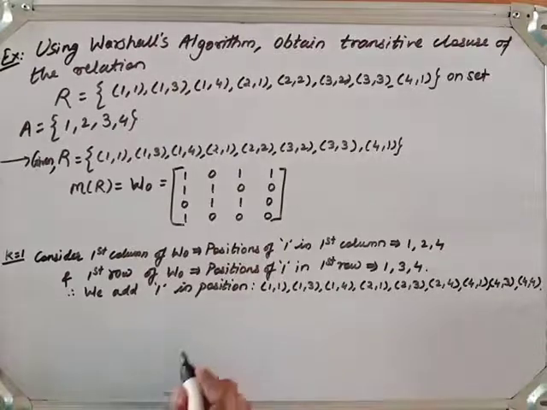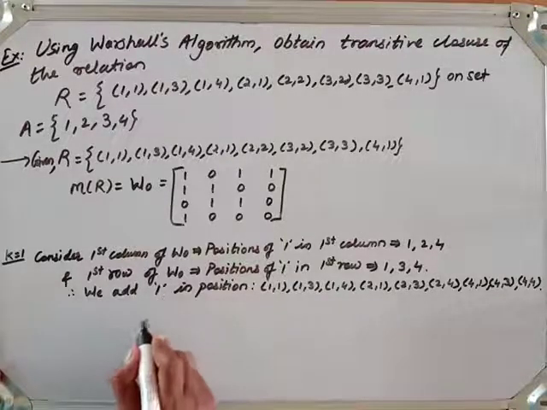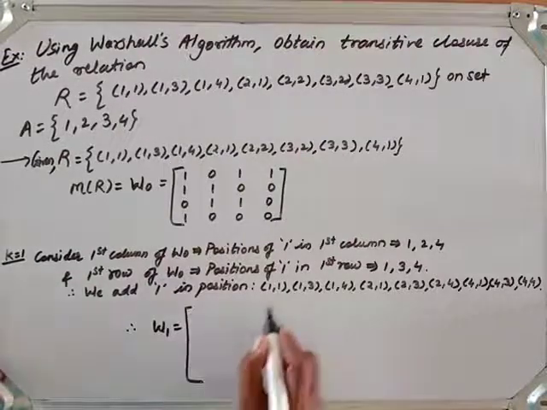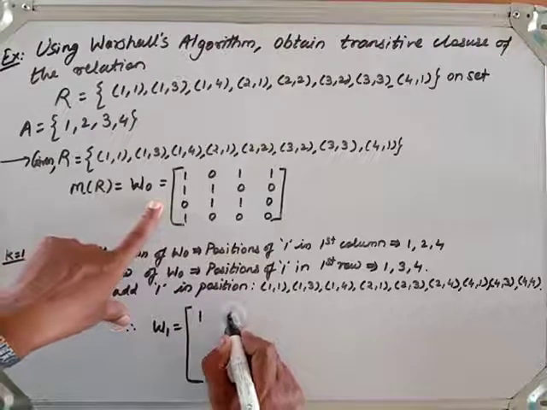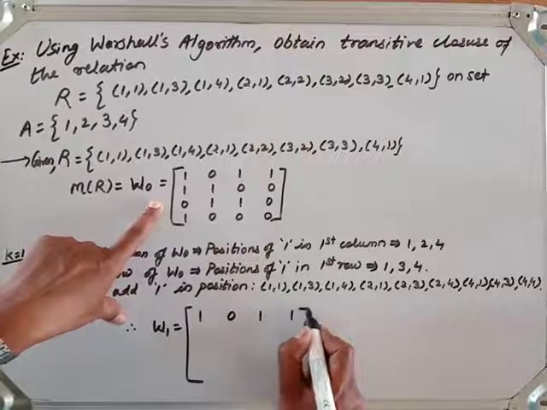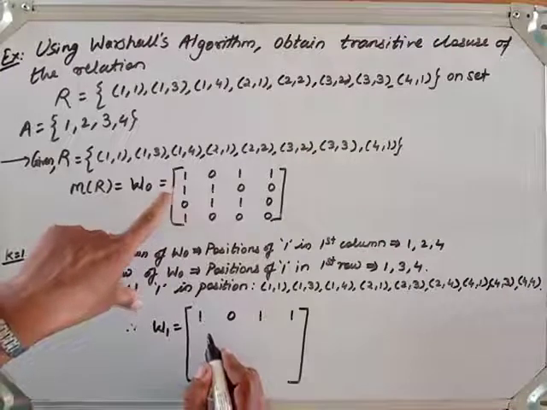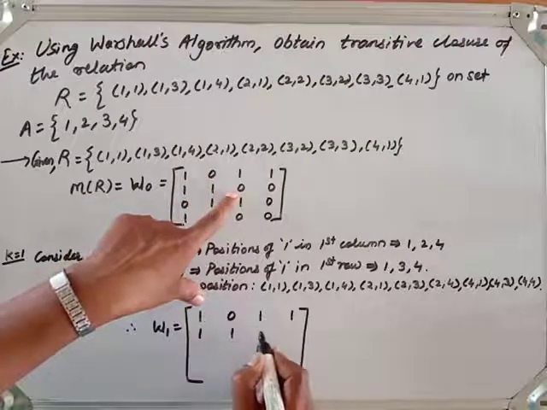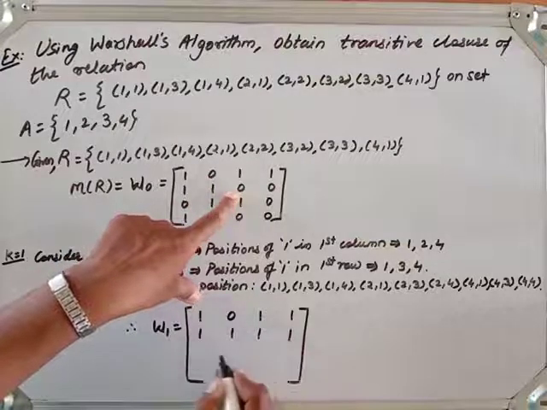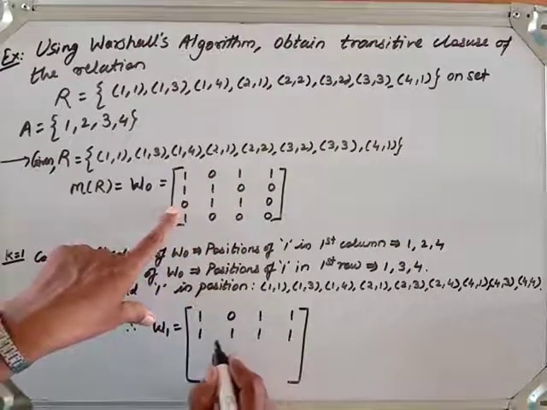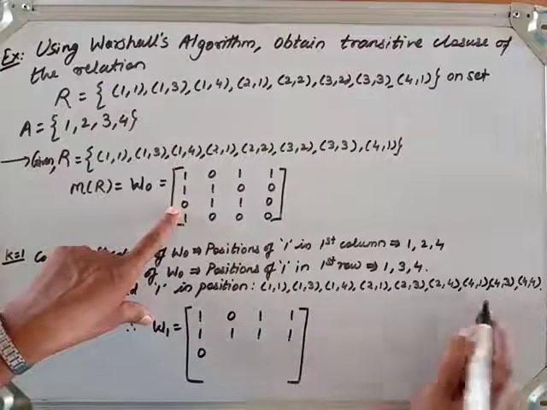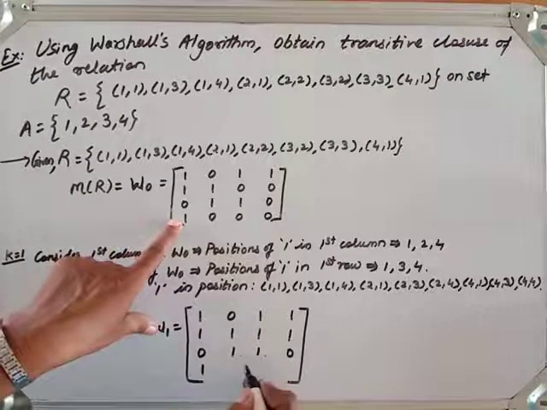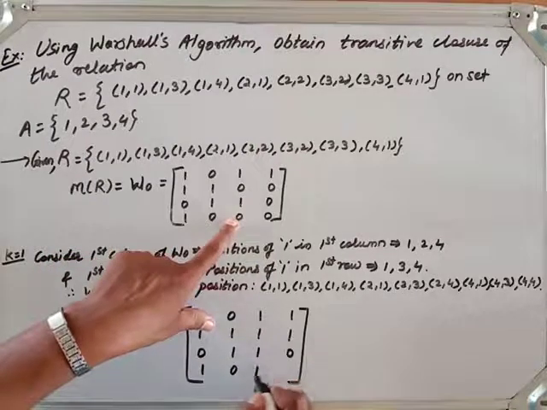These positions we need to add 1. Therefore, we get W1. So W1 is which position? 1 1, 1 3, 1 4. Fine. Then 2 1, 2 2 is already there. So 2 3, 2 4. Then for third column there is no any extra 1. Now 4 1 is already there, 4 2 is not there, 4 3 and 4 4.